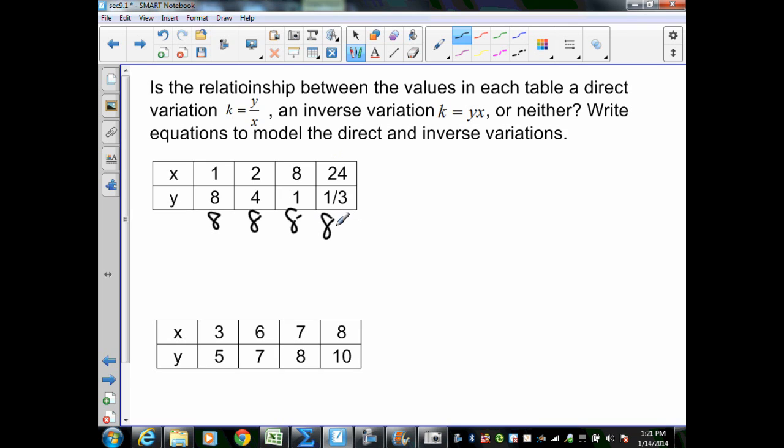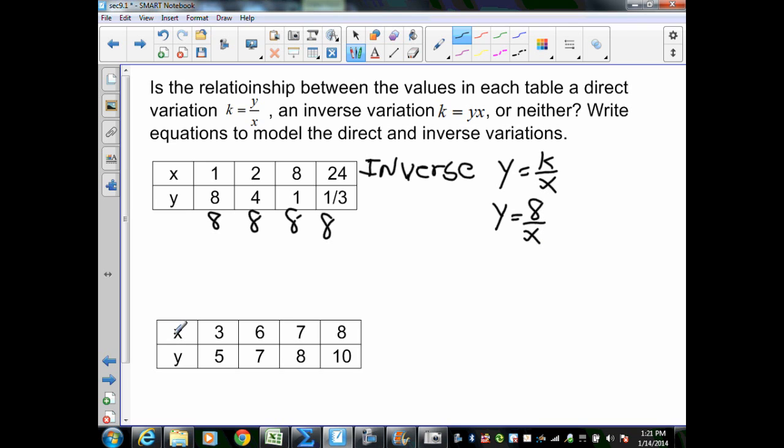Therefore, my constant of variation is the same for each. It's k, and I know this is an inverse variation. And my general form is y equals k over x, and my constant of variation is 8. So y equals 8 over x.